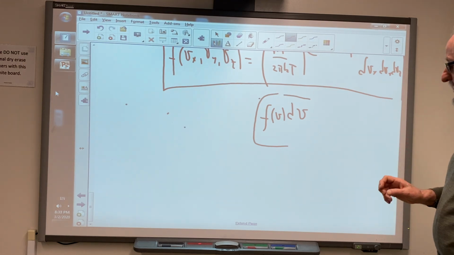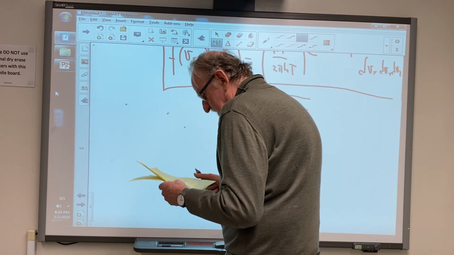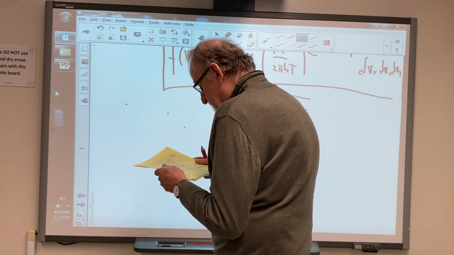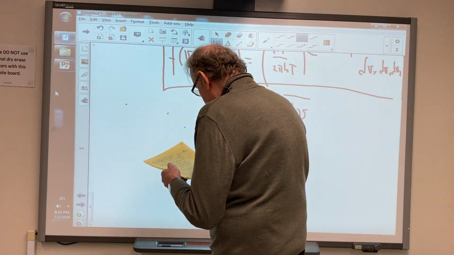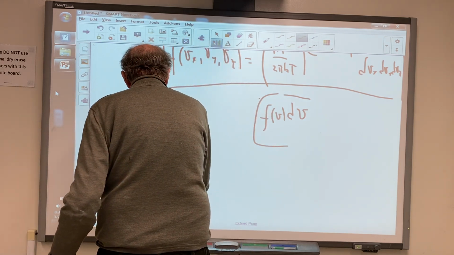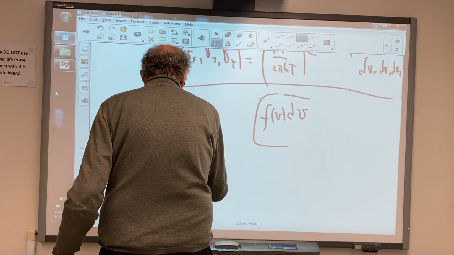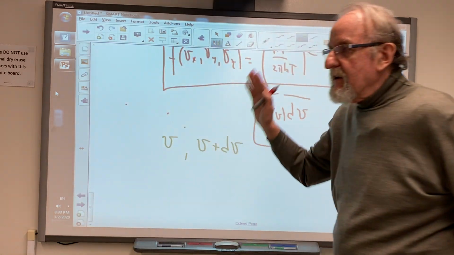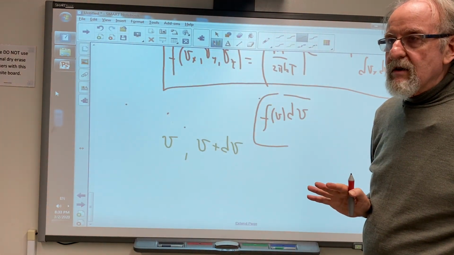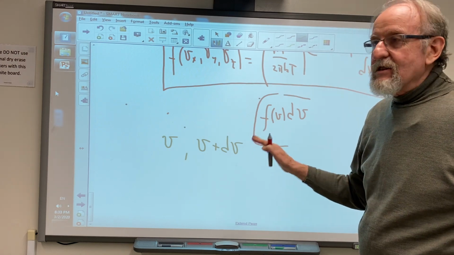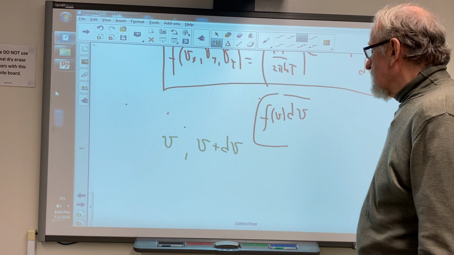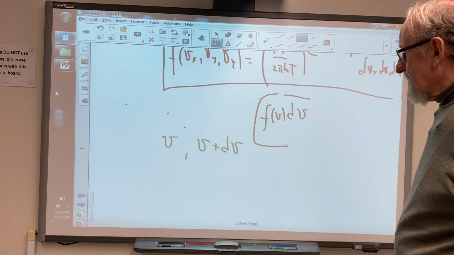What I want to know is how many molecules, this is the problem that Boltzmann was after, have speed between the number v and the number v plus dv, irrespective of which direction they are moving. Because that's what is experimentally accessible to us. I will explain that later today.